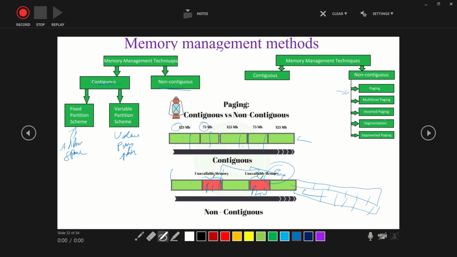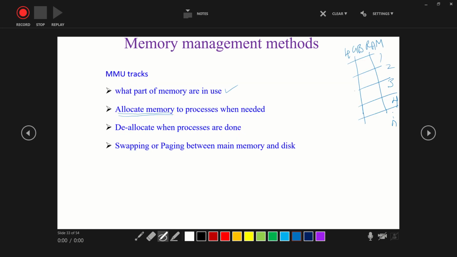Next is interleaved paging, where unused space in the paging can be utilized for random operations. Next is segmentation. How does segmentation work? We'll see it later.